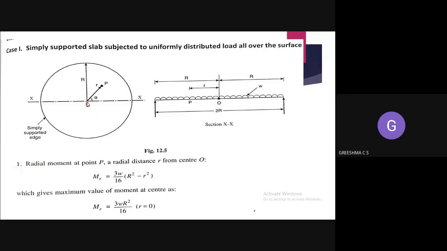So you can substitute r is equal to 0 in this equation. Substituting r is equal to 0, the radial moment is equal to 3W divided by 16 into R square.